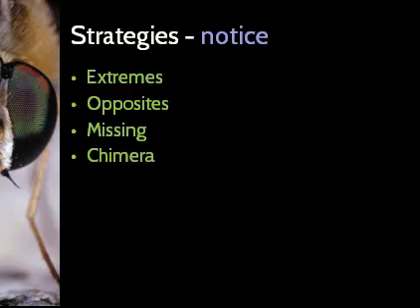Another thing to notice is when a function appears to be missing, or when you discover a strategy in one organism and it's not there in another organism, and yet that function is being performed. You wonder, how is that function being performed? I had a big aha moment when I was in Costa Rica. My husband's a soil scientist, and the soils in the rainforest are really poor. They flush through so quickly, things degrade really quickly, so it's not a big, thick, rich soil layer there.